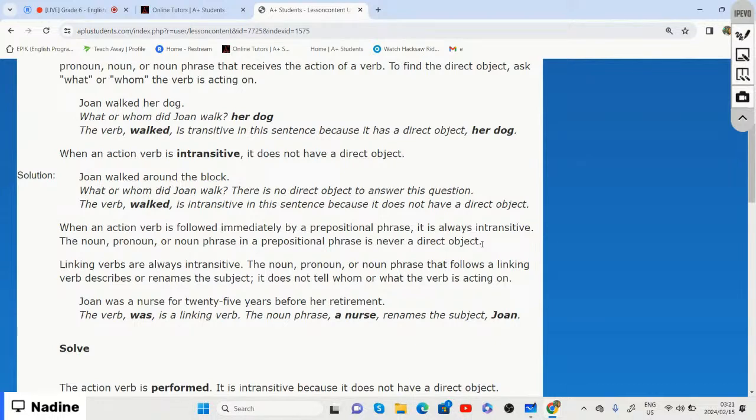The verb wasn't acting on anything. So in Joan walked around the block, the verb walked is intransitive within the sentence and it does not have a direct object.